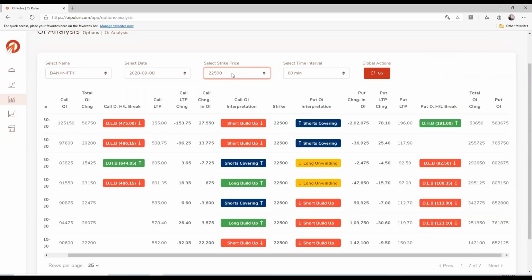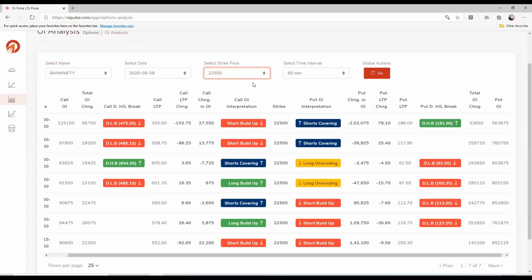So that is a clear indication that the writers are getting ready to write even at 22,500. On the other hand, look at the 22,500 put. We are having a huge short covering that is clearly taking the prices from 100 levels to 200 levels, almost double in the last 2 hours.